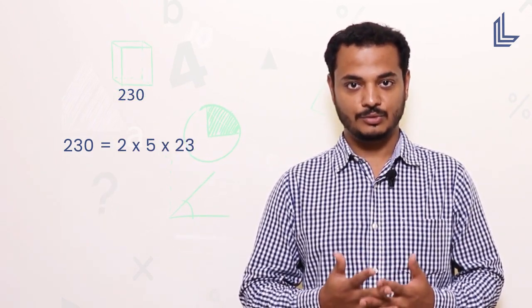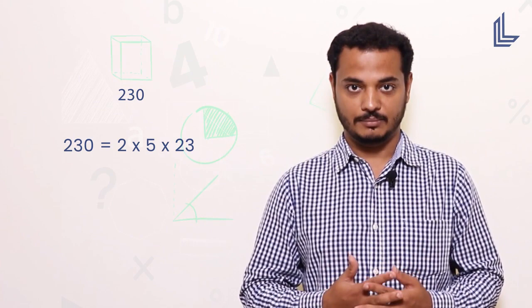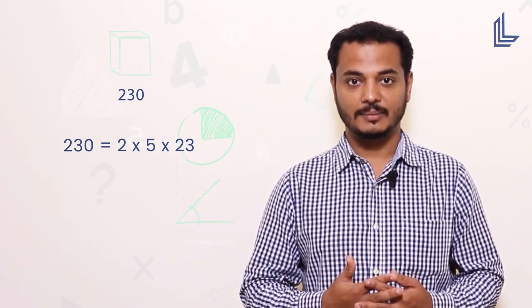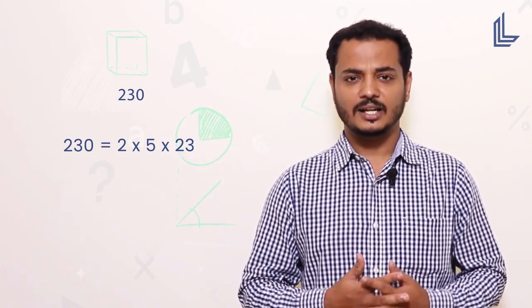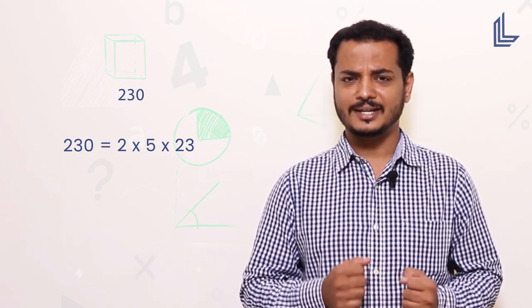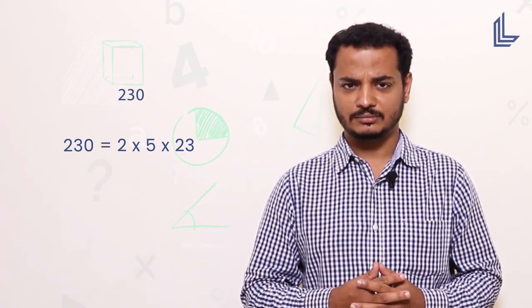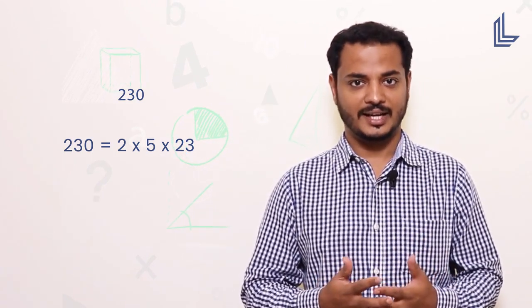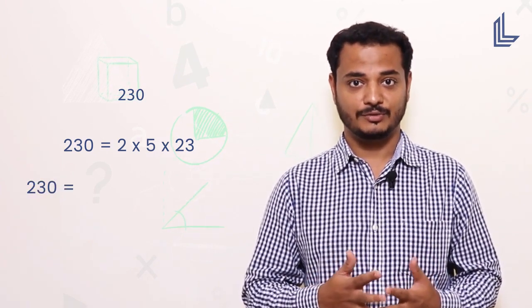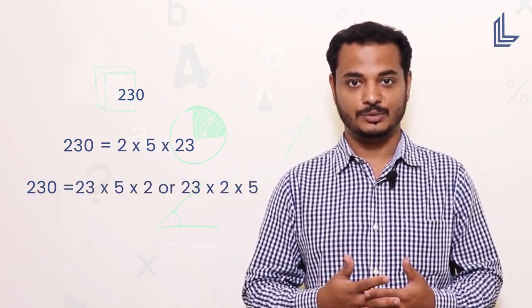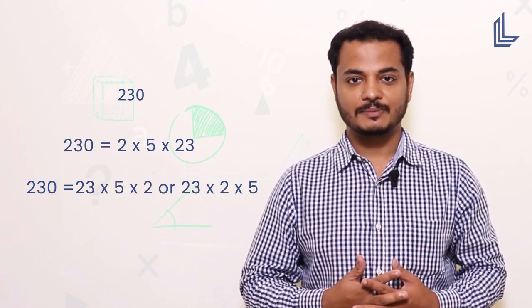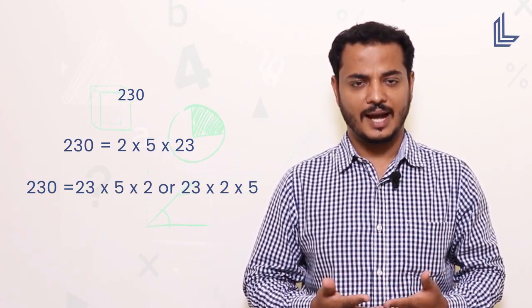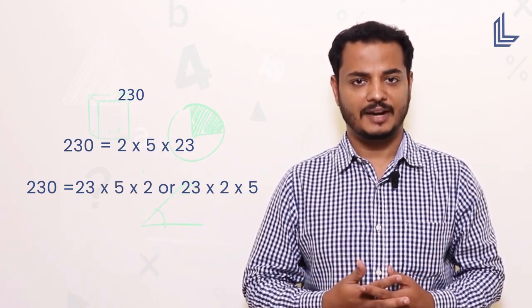Notice that 2, 5 and 23 are prime numbers, and that is why we call them prime factors. Now think about this. Is there any other way you can represent 230? Of course, I can change the order. I can write it as 2 into 23 into 5 or 23 into 5 into 2. But all of these expressions are one and the same, as they involve only the same prime factors.